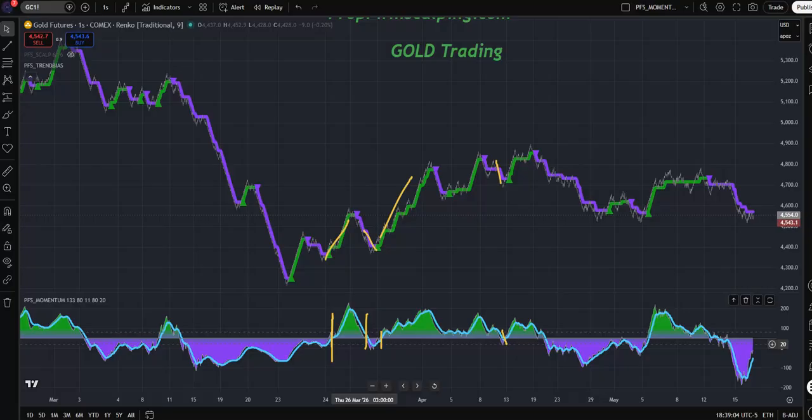Rejection or a dip below center line, came back up through the center line, long. Center line cross, short. So you're basically playing momentum shifts. Center line cross, long. Center line cross right in here, short. Center line cross right in here, long.